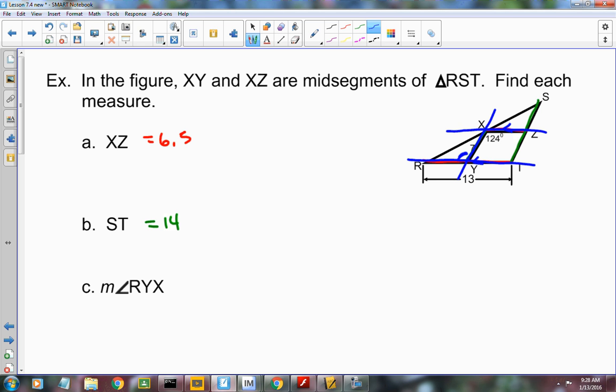What kind of relationship do you see going on there? Alternate interior angles. And what do we know about alternate interior angles? They're congruent. So angle RYX is 124 degrees. Now, it might be hard to see, but do you see how I highlighted it? It makes it pop out just a little bit more. So look at what creates the angles that you're working with and highlight it. Redraw it on your paper would be the better thing to do, so we don't draw on our books.